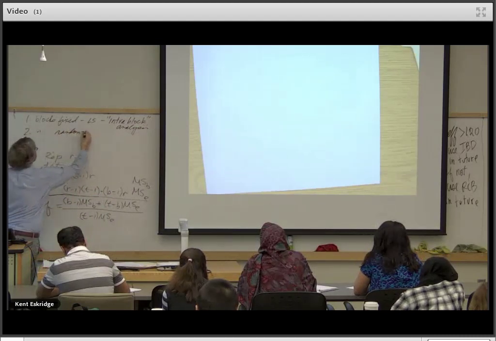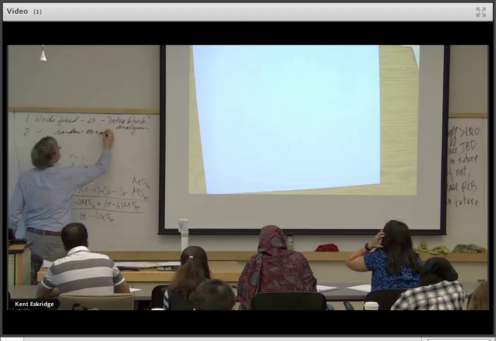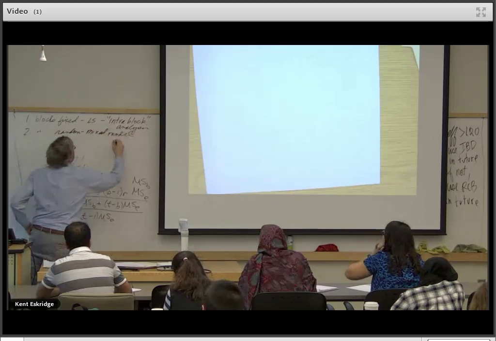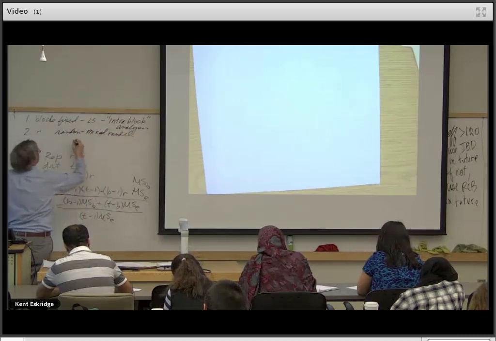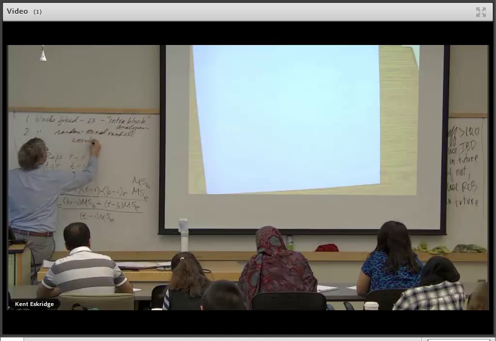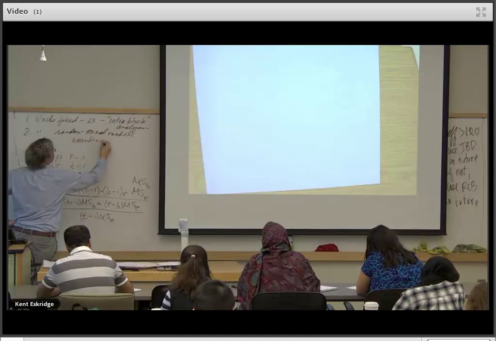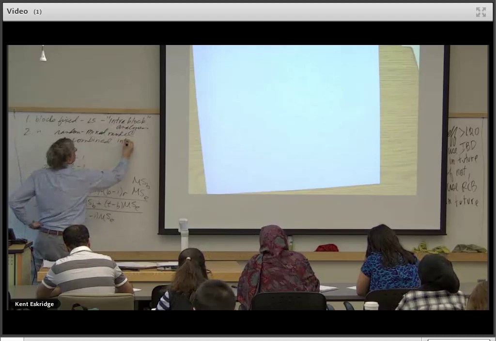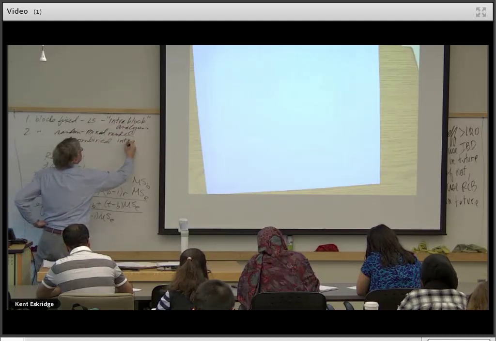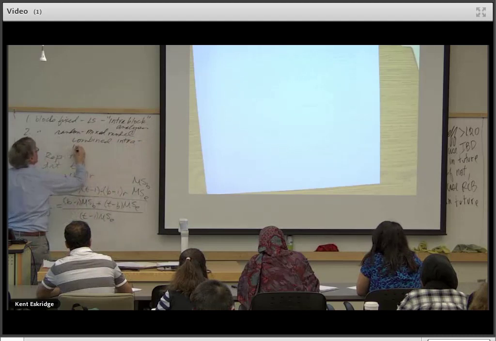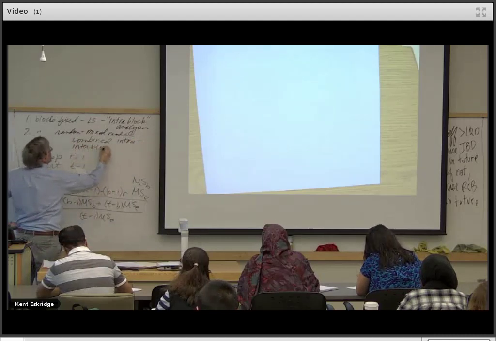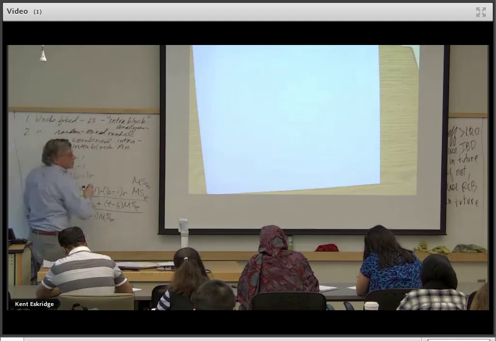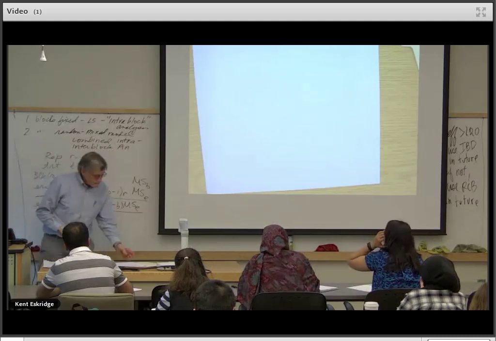And this is the mixed model. And this is called the combined inter-block analysis. And so we'll talk about both of these here.